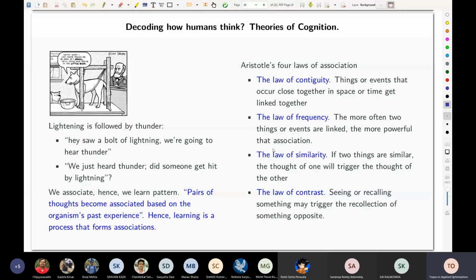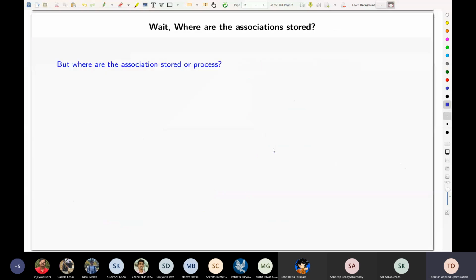Law of contrast, and that's something else now. On the other hand, when things are too opposing, you also tend to remember. If something is completely opposite, you will tend to remember. So these were the four laws of Aristotle, the Greek philosopher, and he believed that with these laws we tend to learn. These are all part of how we think.